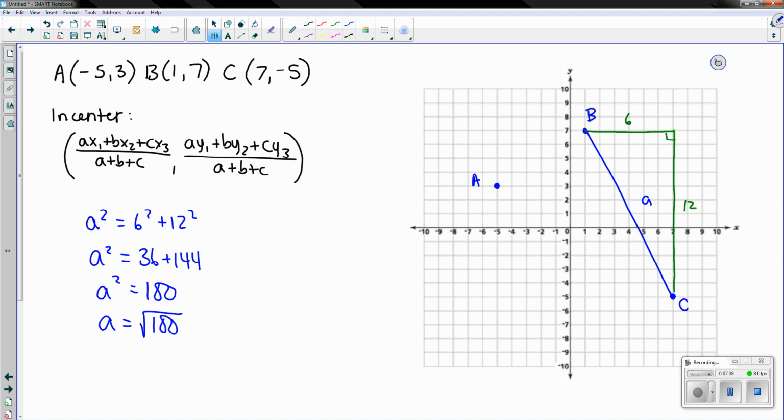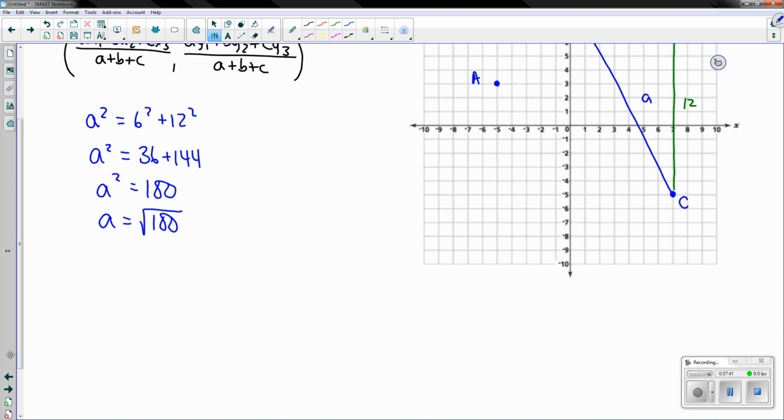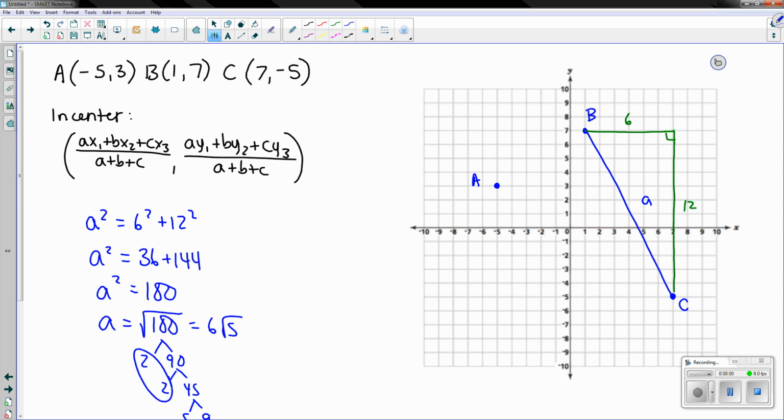Now we can simplify this square root into 2 and 90, 2 and 45, 5 and 9, 3 and 3. So this is going to be equal to 6 root 5. So we'll write that off to the side where our a value is equal to 6 square root of 5.